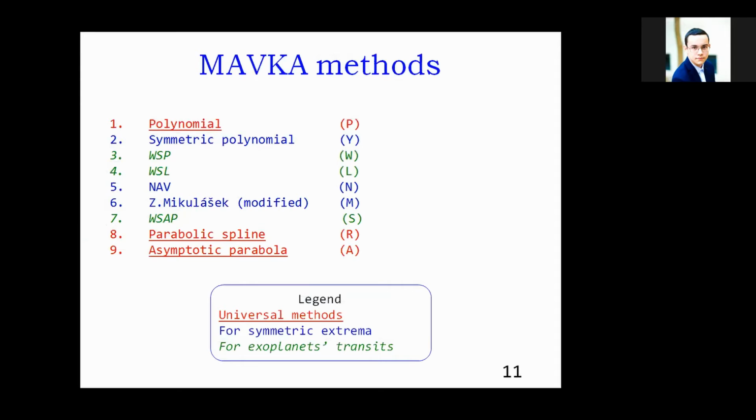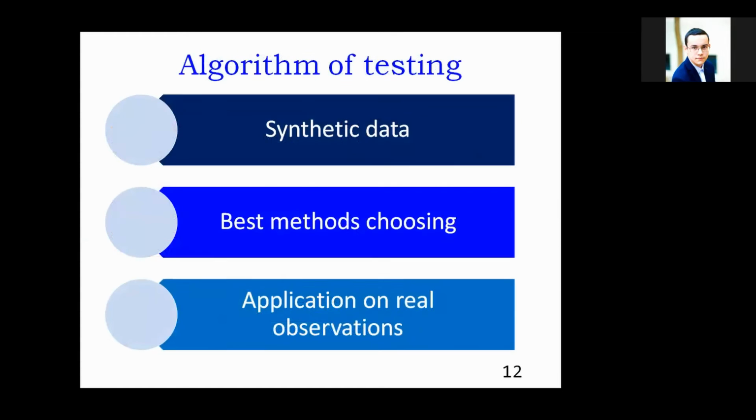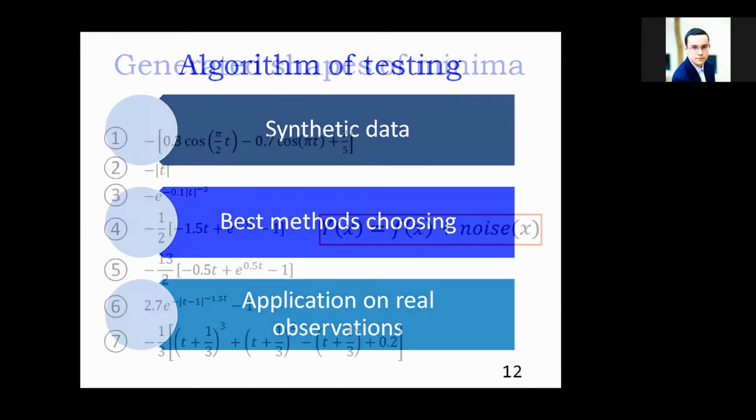So there are 9 methods realized in MAVKA: 3 for symmetric extrema, 3 for asymmetric, 3 for exoplanet transits. All of them are tested. What do I mean by tested? We created some synthetic data, then we ran our algorithms on this data, chose the best methods, then applied them to real observations.